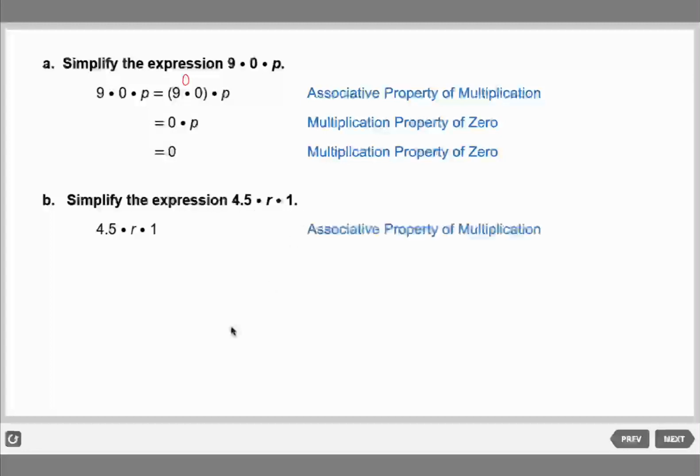Okay, in the second expression, 5.4 times r times 1. So we can use the associative property to multiply the first 2 first or the second 2 first. So if you are multiplying r by 1, what is r times 1? I'm waiting. What is r times 1?